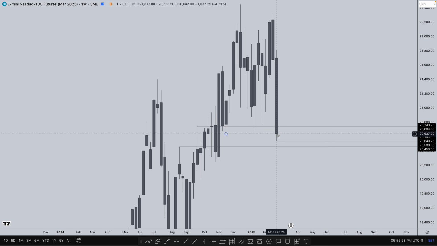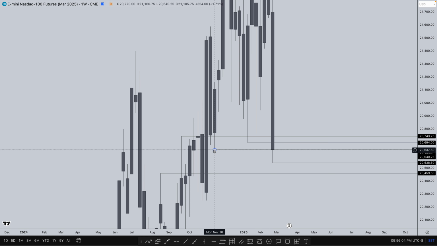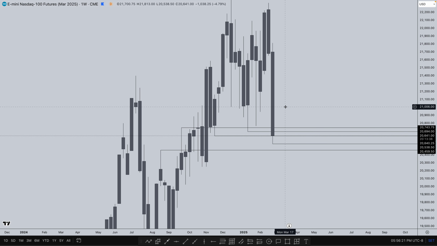If it full body closes below this wick, then that just tells us that price wants to go lower because it's not respecting this structure here, right? But if it wicks up and closes above, that means we just liquidated this liquidity, and that was used to take price higher, and that's what you want to see for price to continue in that direction.